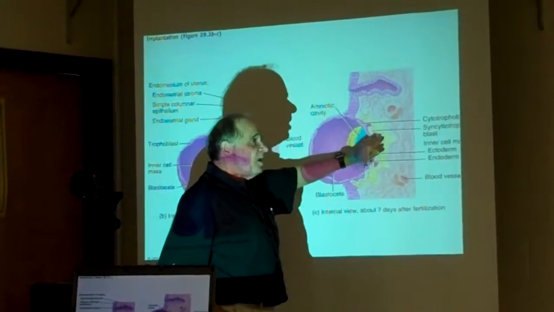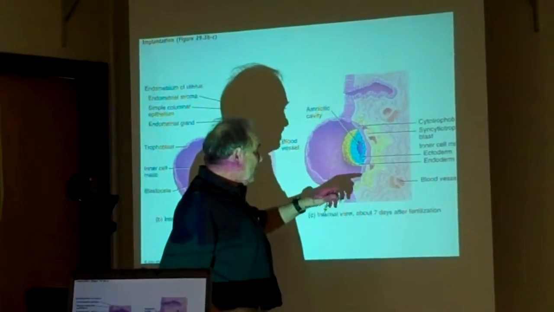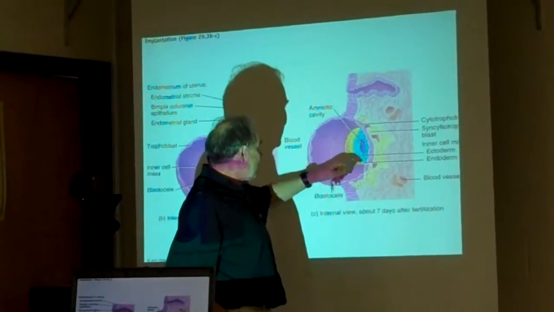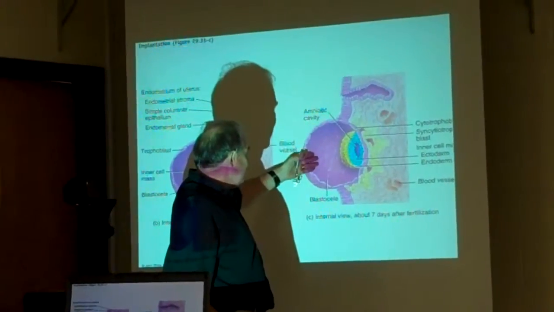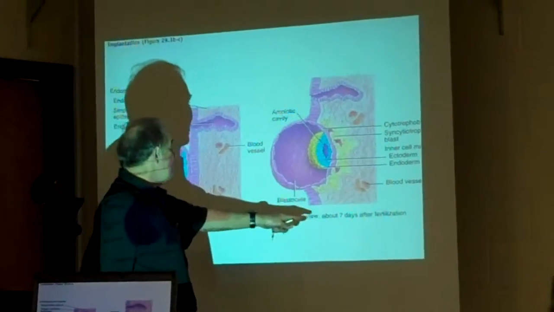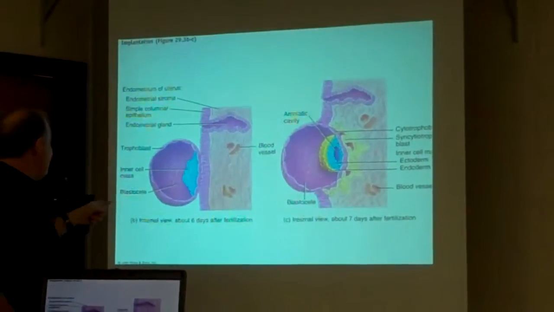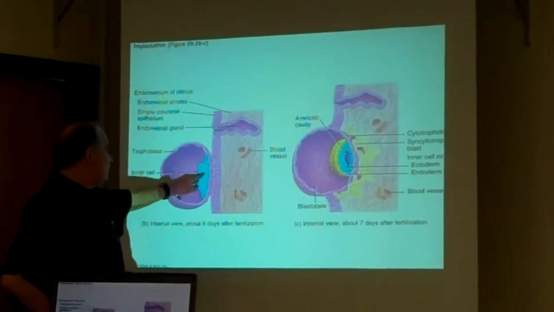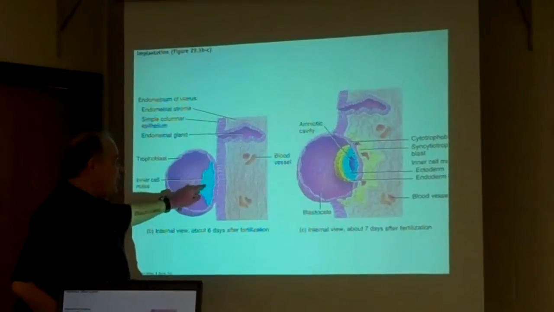And the chorion is responsible for most of the placenta. And so, this right here is ectoderm, endoderm, and so forth, amniotic cavity, etc. All right, here's the blastocoelic cavity, the amniotic cavity, and this is the internal view about 7 days after fertilization. There's an endometrial gland kind of showing that. This inner cell mass, that's what the embryo develops from. Make sure you understand the inner cell mass is what the embryo develops from.